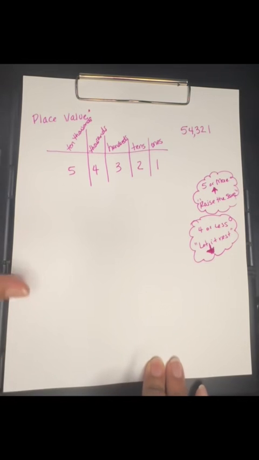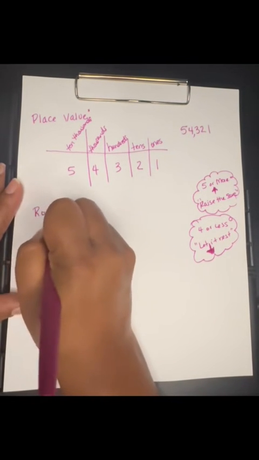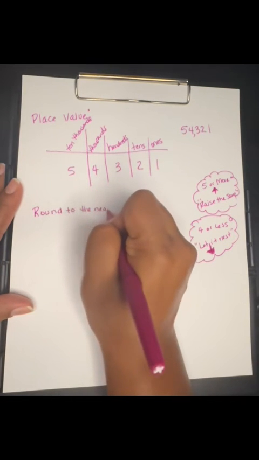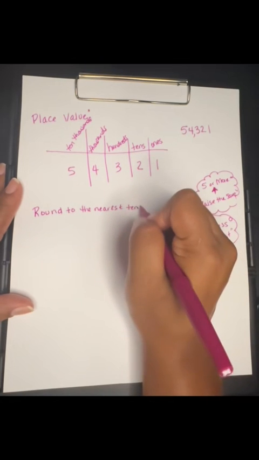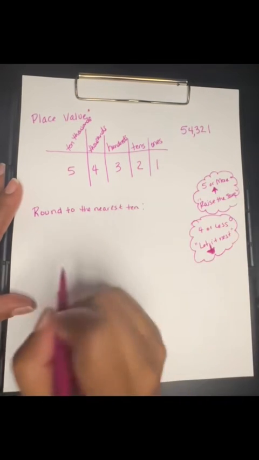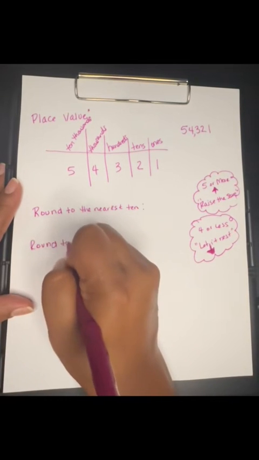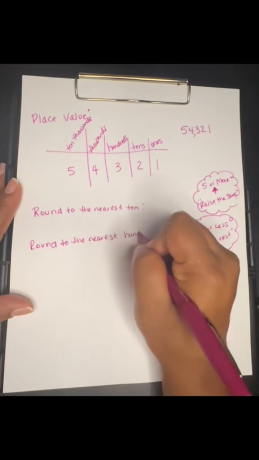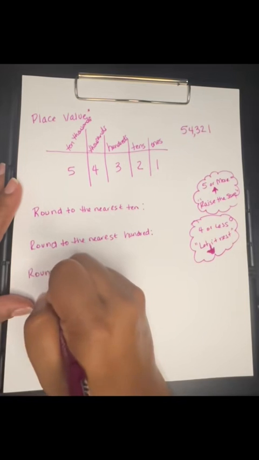So this is the type of questions we will be asked. Round to the nearest 10. Round to the nearest 100. Round to the nearest thousands, or is that 1,000?